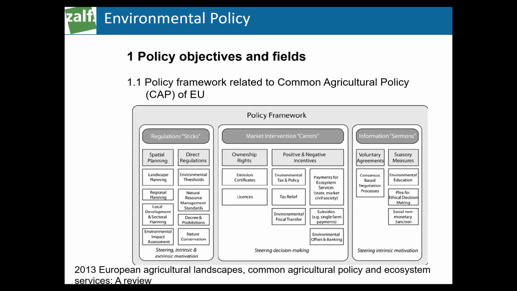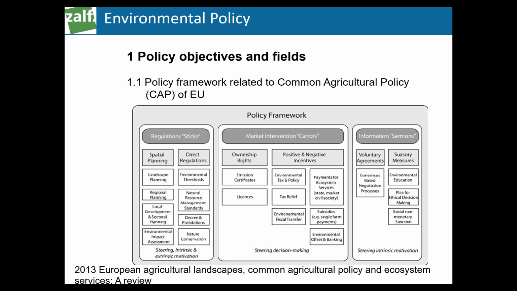And I just wanted to dive into this. It's only from one publication here, but you see the regulations already. If we look at the policy framework, the sticks, the carrots, and the sermons, this is normally what is being done. Sermons is always giving nudges, giving hints. Please don't do this, please do this. Please live healthy. It's education and so on. And then there is intervention.